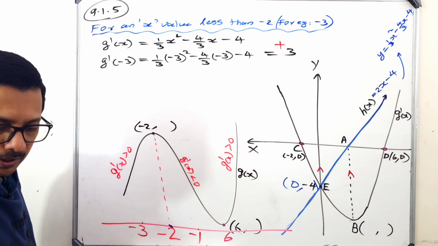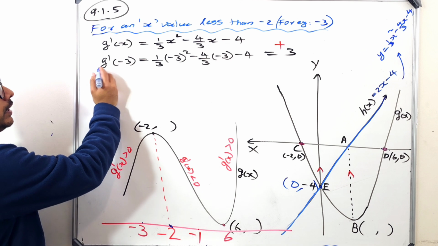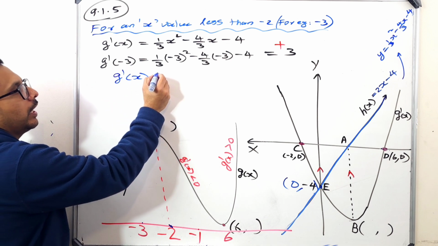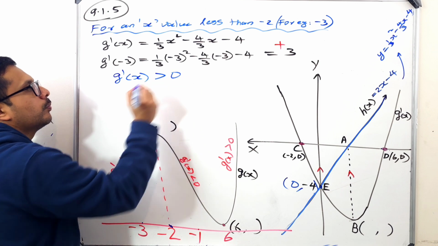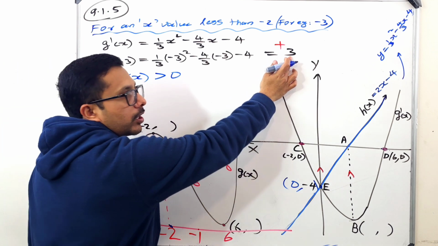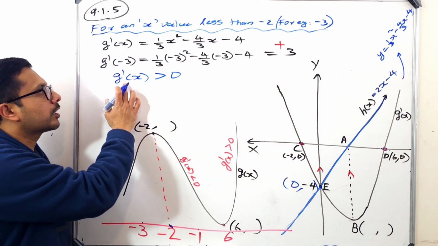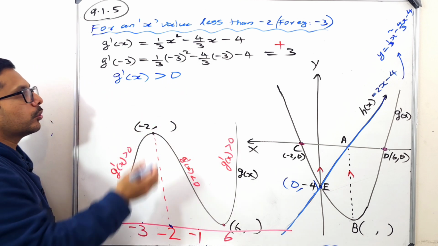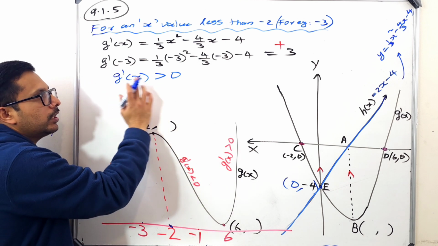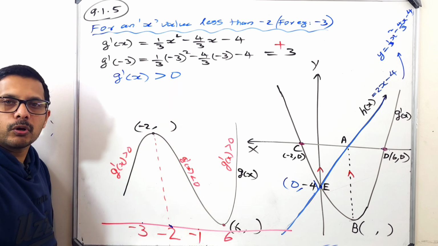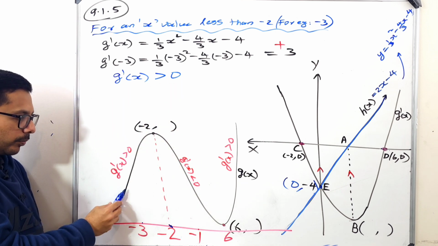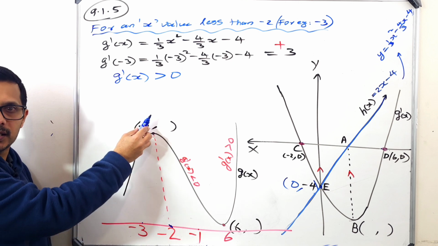Positive. So it means the value of g dash of x is a positive number. Positive number means g dash of x is greater than 0. Do you understand? When the derivative is greater than 0, what about the graph? When the derivative is greater than 0, the graph is increasing, am I right?